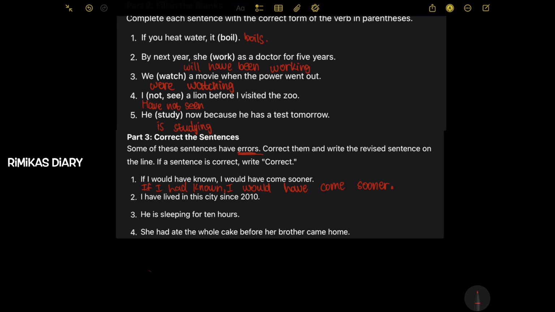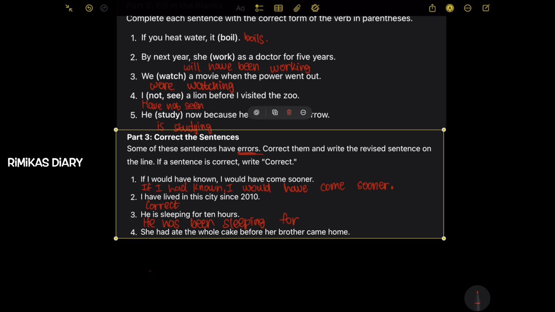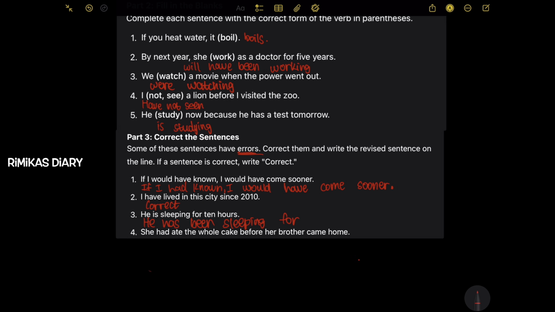I have lived in the city since 2010, so it's a correct sentence. Third one: he is sleeping for 10 hours. So he has been sleeping for 10 hours. Last one: she had ate the whole cake before her brother came home.